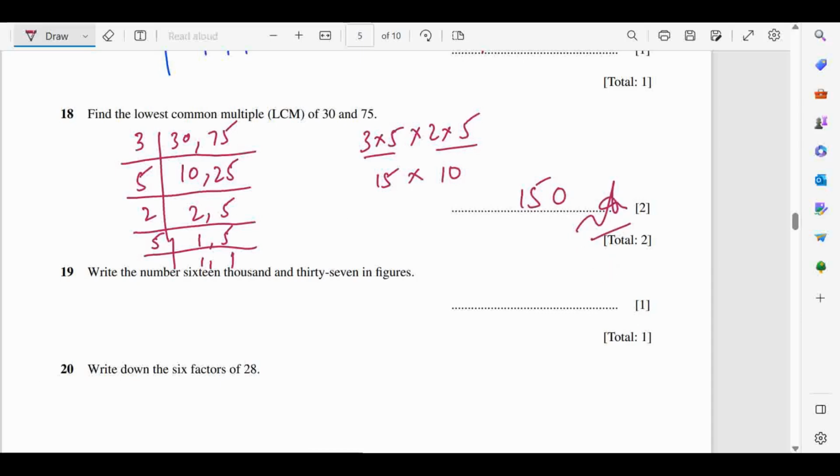Let's move to question number 19. Write the number 16,037 in figures. So first of all 37, and then we have 16,000. So 16,037 will be like this. This will be the final answer: 16037.